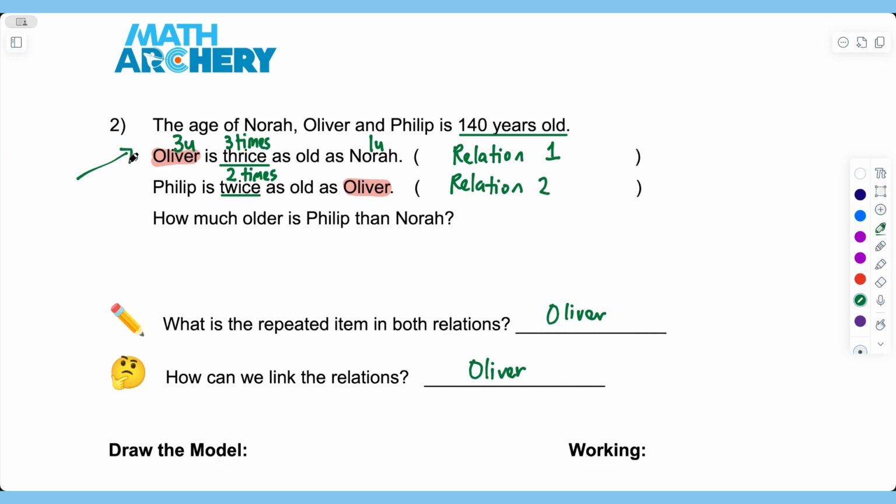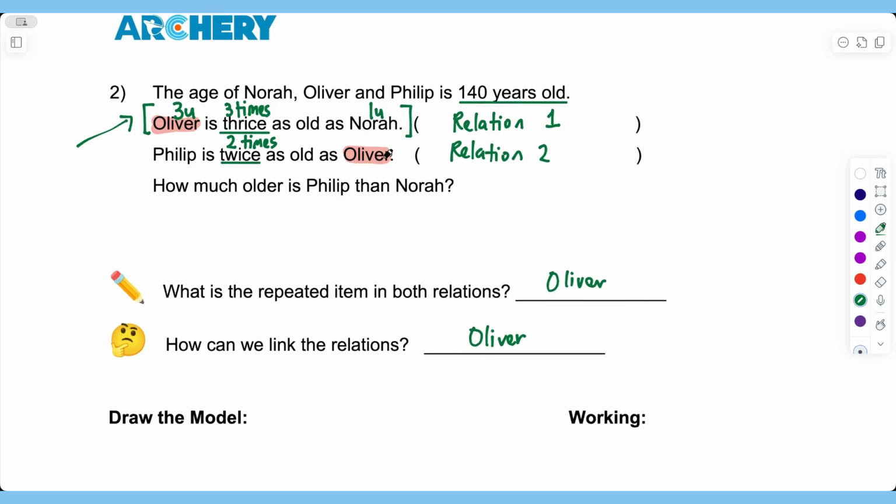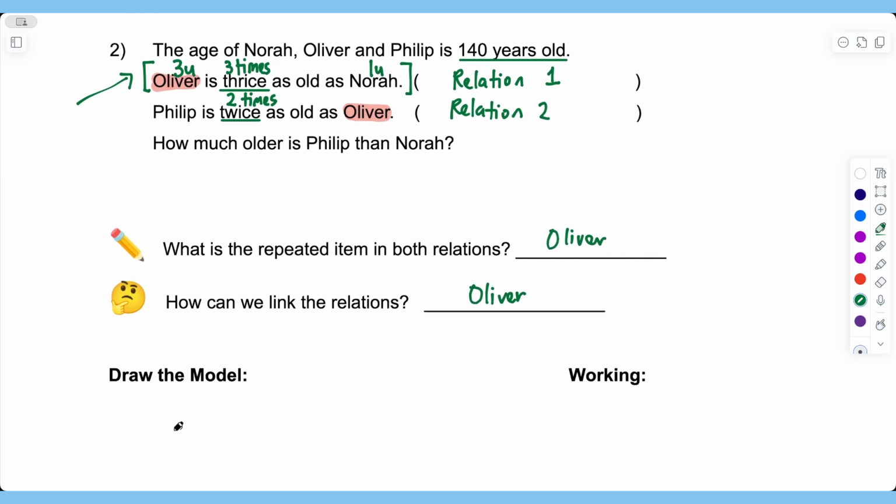Let's enter the problem using the first statement here. Oliver is thrice as old as Nora. In other words, Oliver will have 3 units and Nora will have 1 unit.